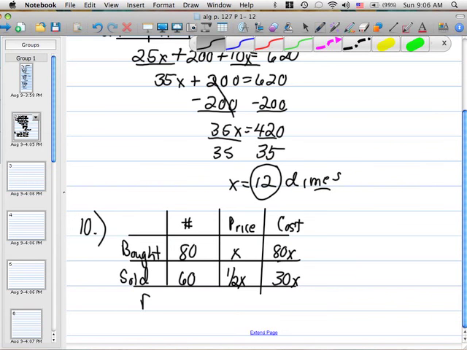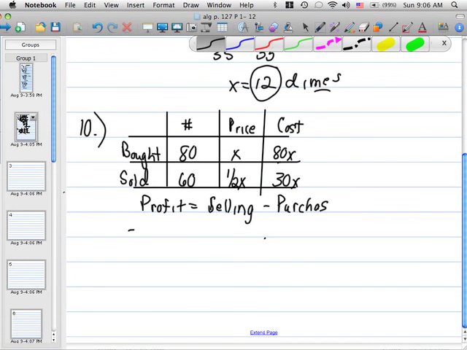Now remember, profit equals your selling price minus your purchase price. So the profit was a negative 1,000. They lost, so put a negative 1,000. They sold 30X minus the purchase price was 80X.